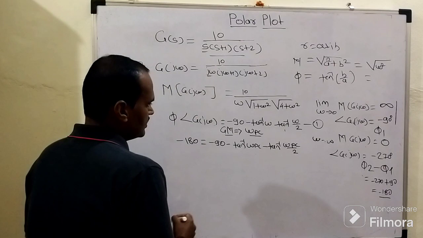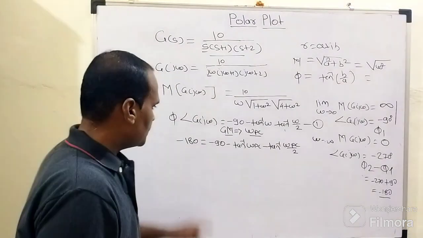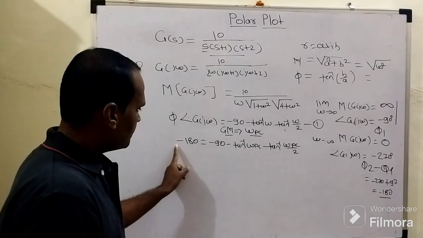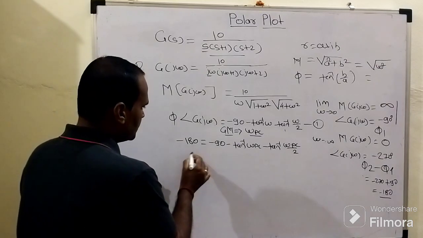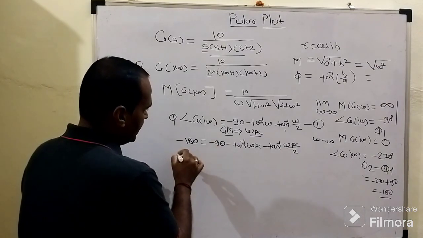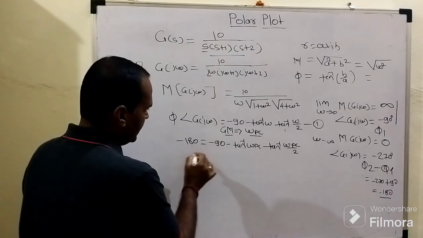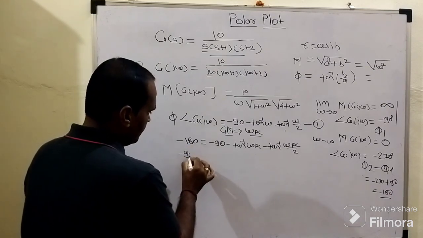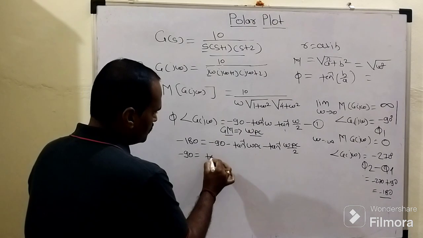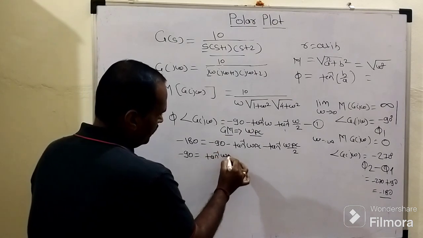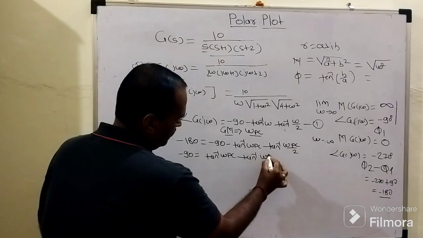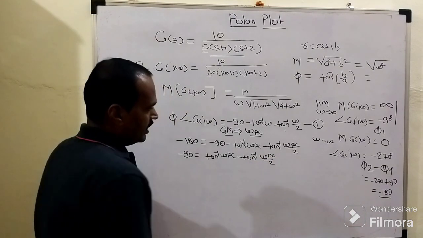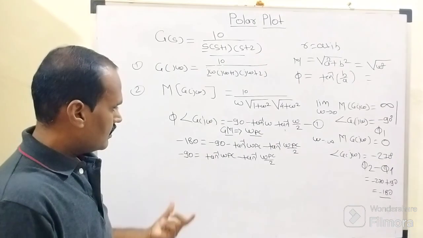Then simple mathematical simplification: this minus 90 is shifted to the left hand side and becomes plus 90. Minus 180 plus 90 gives minus 90, which equals tan inverse of omega PC minus tan inverse of omega PC by 2.